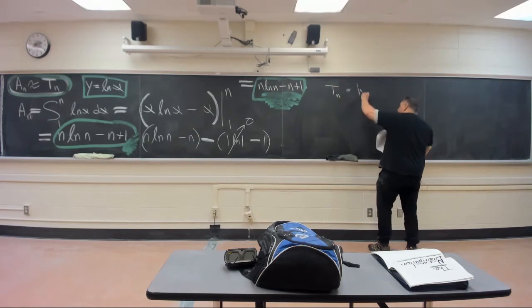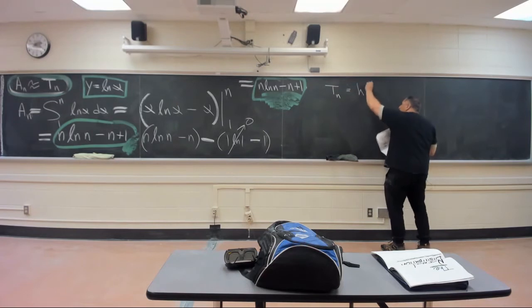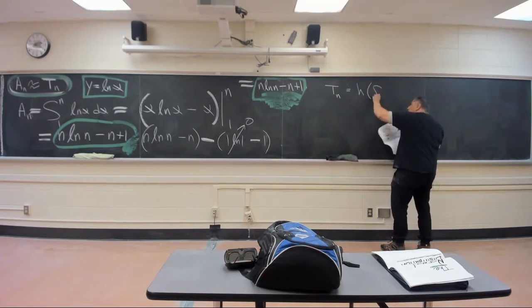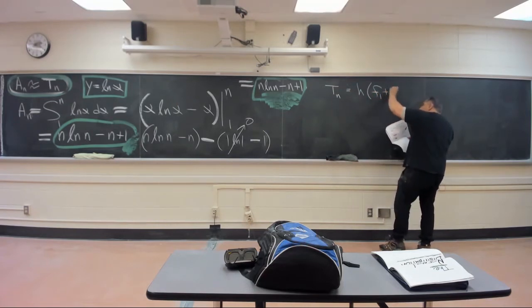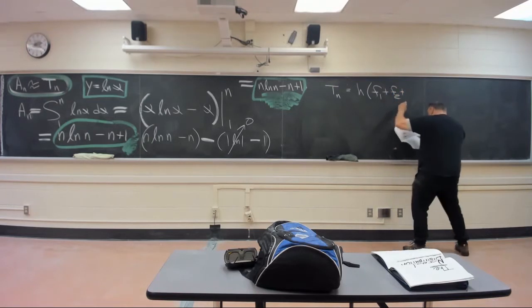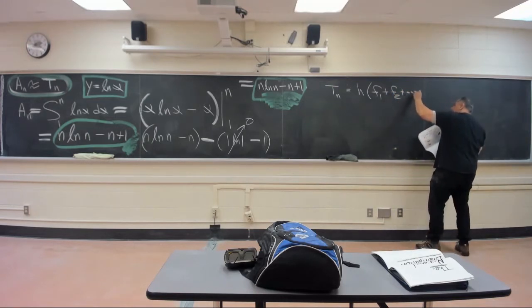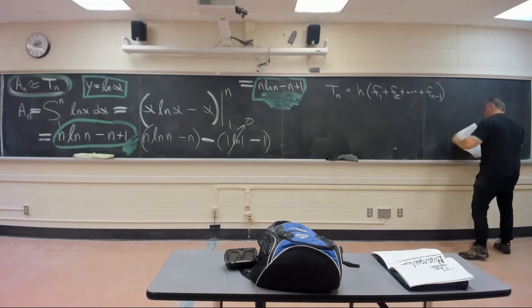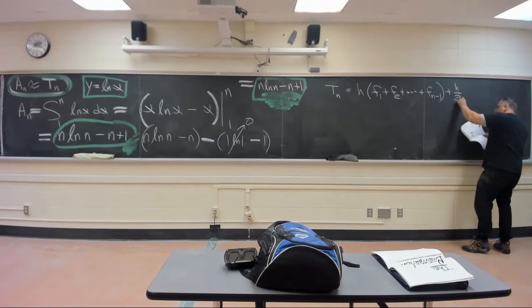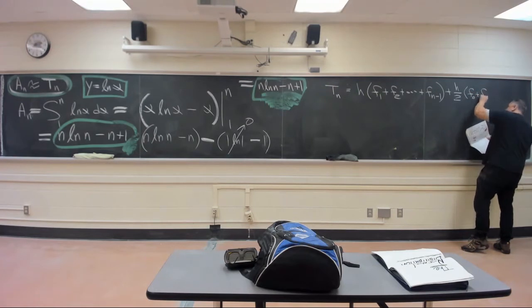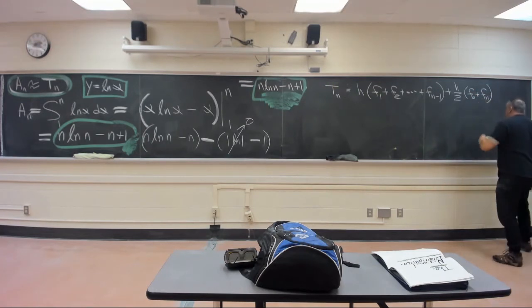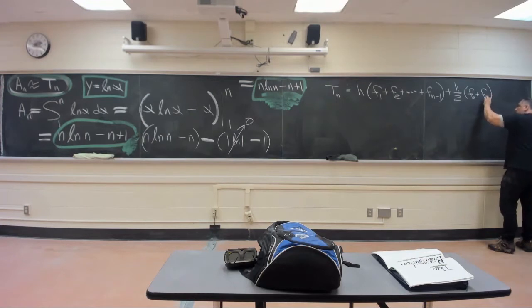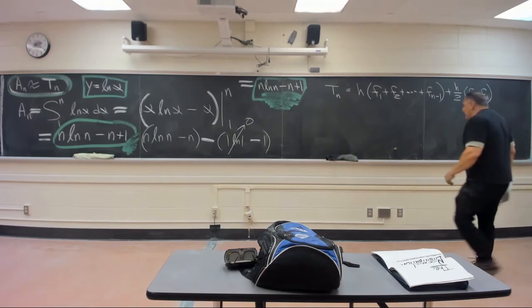There was an H, the gap between them, F1 plus F2 plus dot dot dot plus Fn minus 1 plus H over 2. Now we did this earlier. We used a little bit different notation earlier, but this is the exact same mathematics.